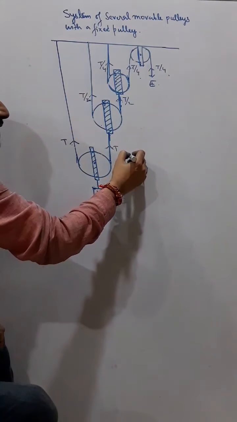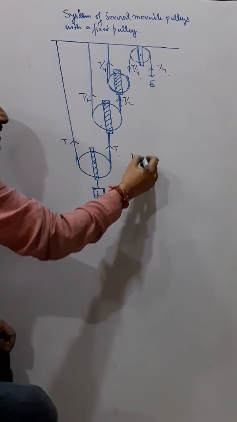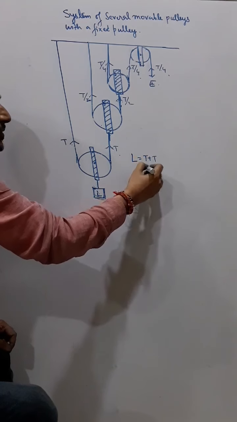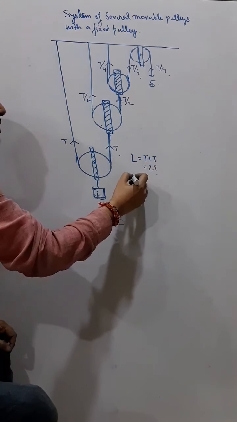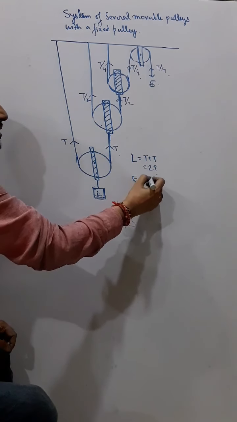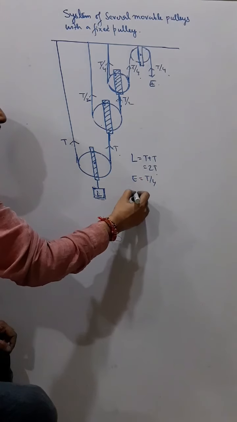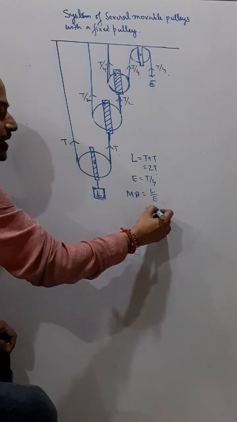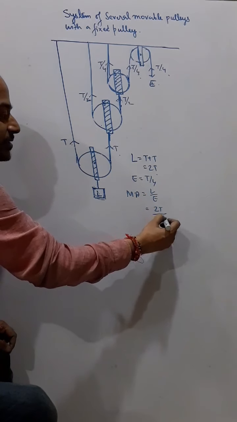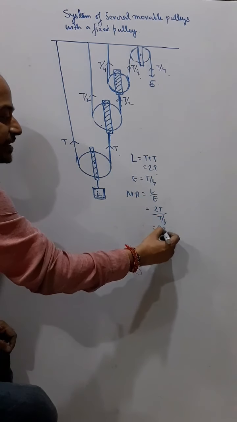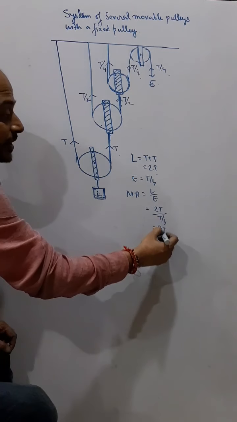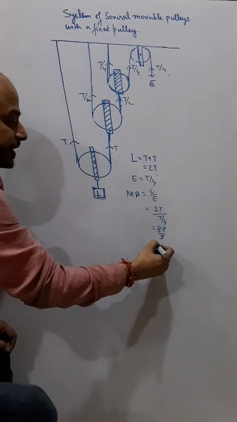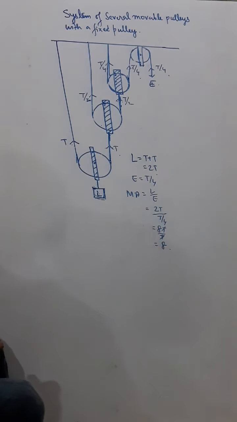So finally what we can say? We can say that load is equal to T plus T, load is equal to 2T, and effort equals to what? T by 4. So what we get? Mechanical advantage as load by effort. So I get 2T by T by 4. What I get? 8T by T. So finally we are getting mechanical advantage as 8.